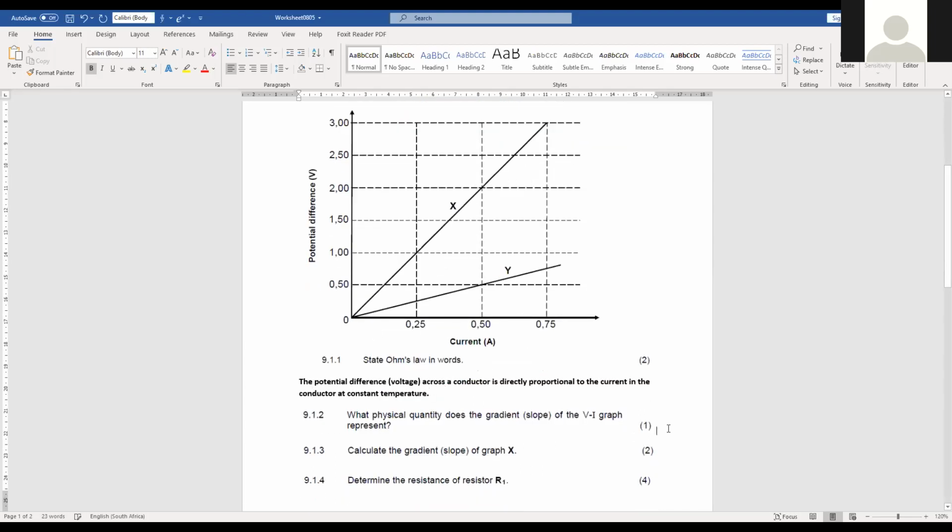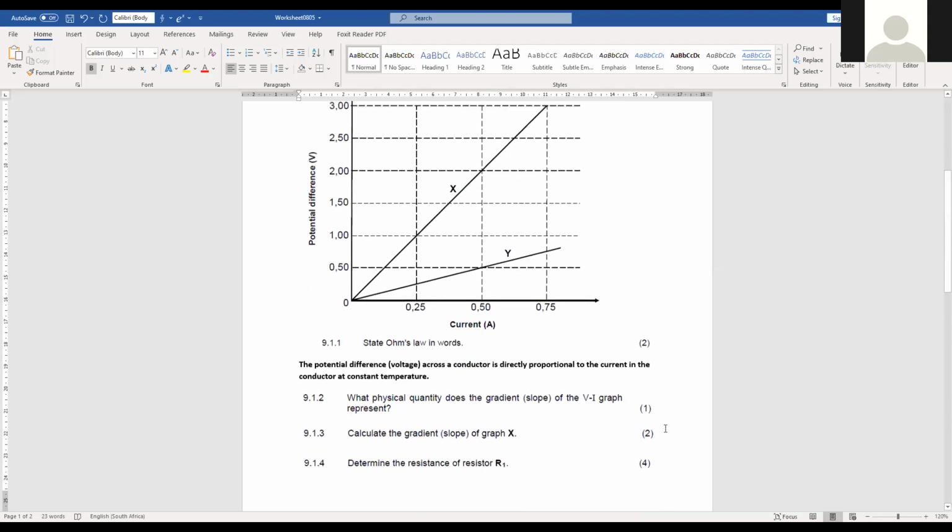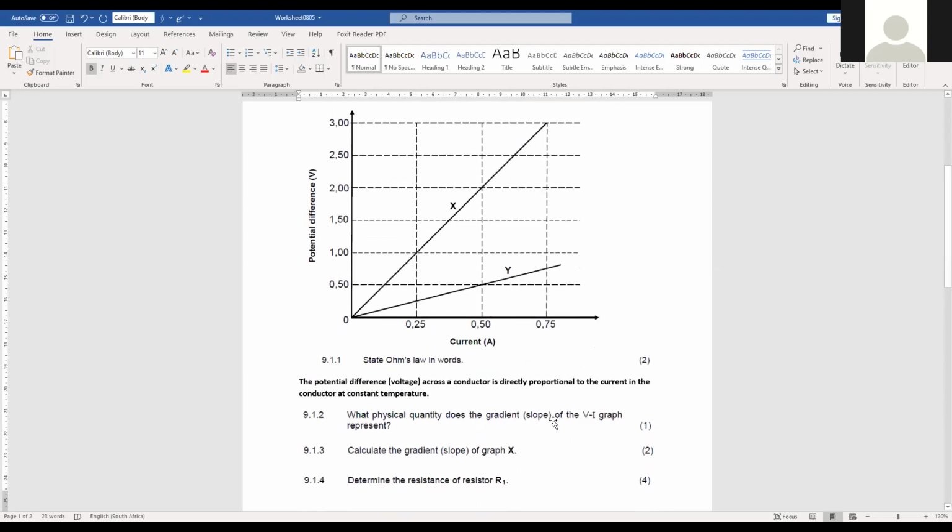Okay. Then question 9.1.2, they ask you, what physical quantity does the gradient, the slope of the VI graph represent? So if we look at this, they're asking you, yes. Okay, so Jonathan is correct.